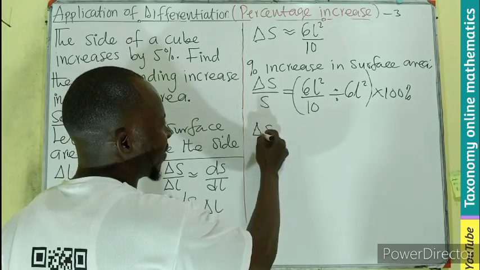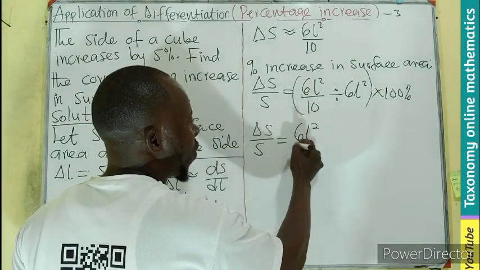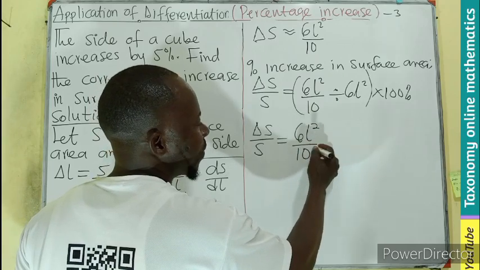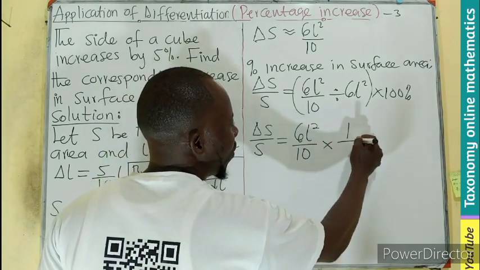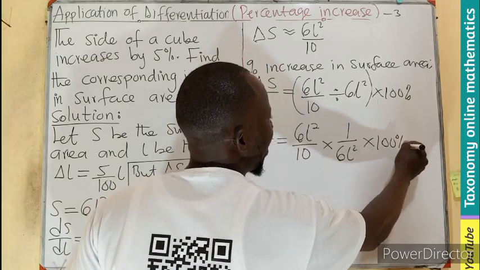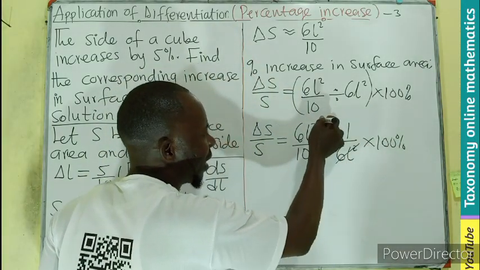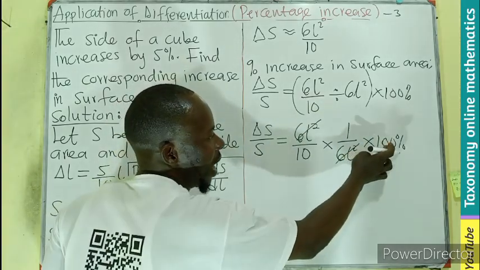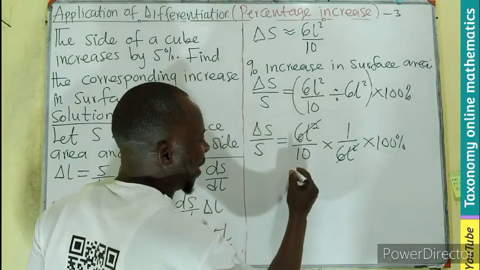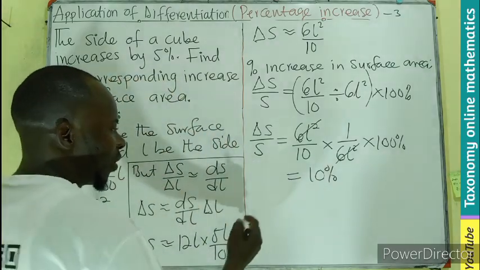So delta S on S equals 6L squared over 10 times 1 over 6L squared multiplied by our 100%. What can I see? 6L squared cancel 6L squared. 100 times 1 divided by 10 give you 10%.